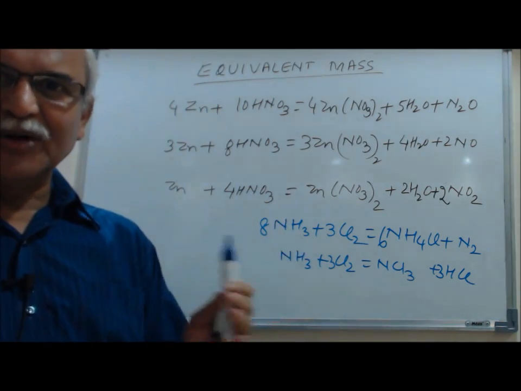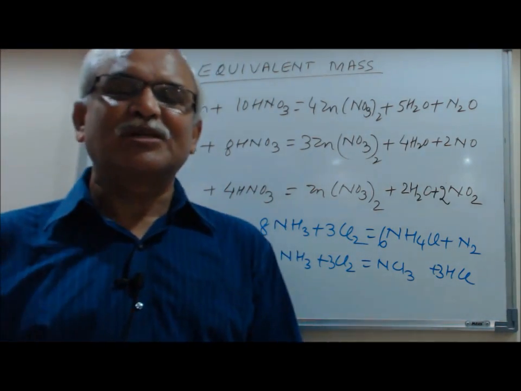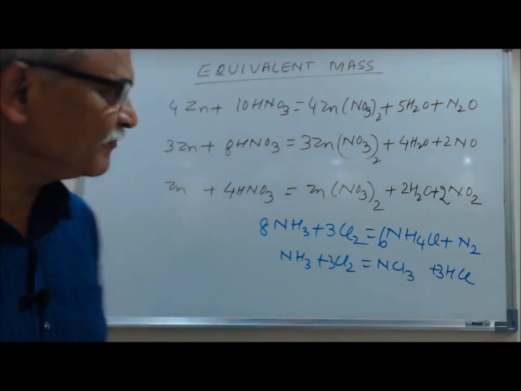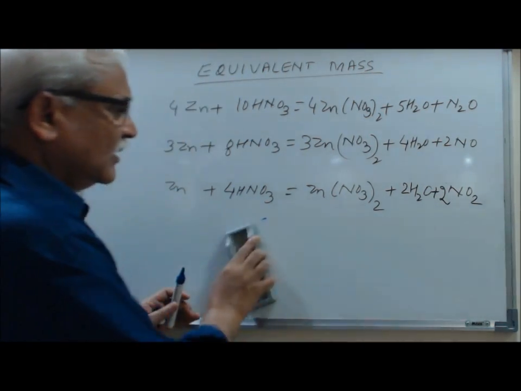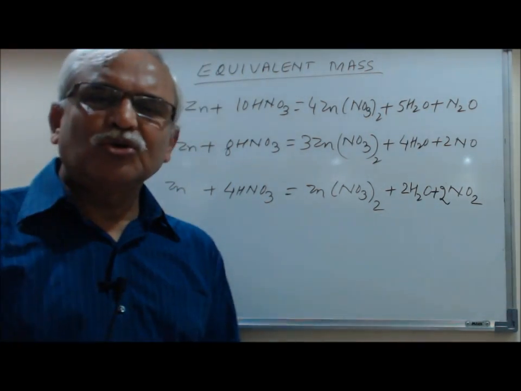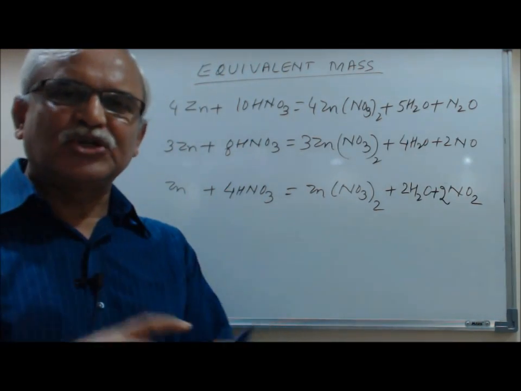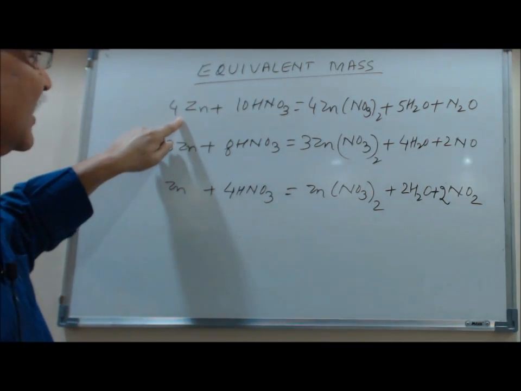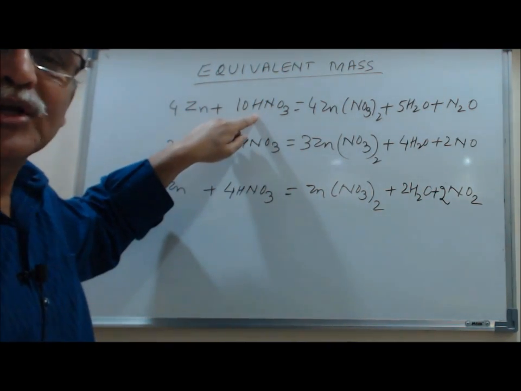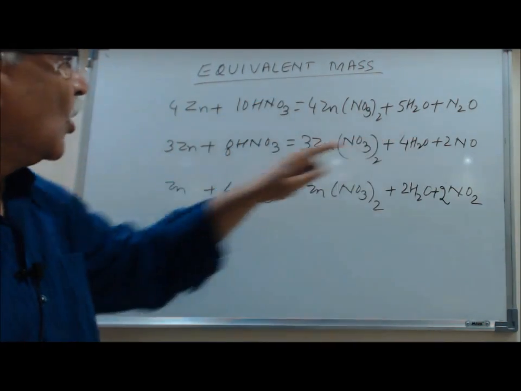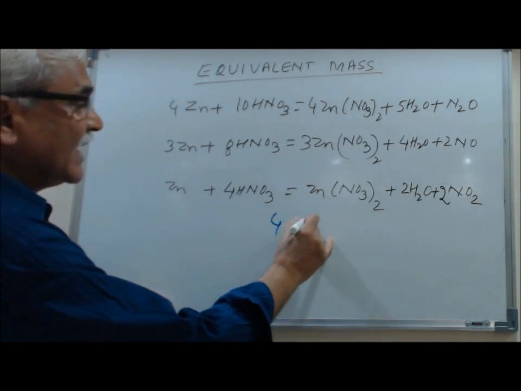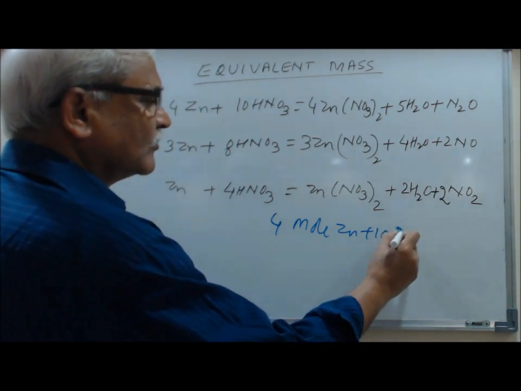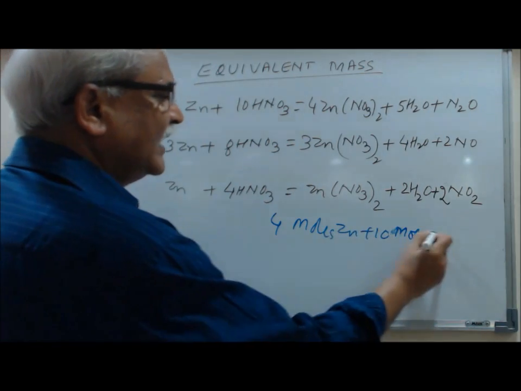So first I wanted to bring out that apparent myth from the students' minds that molecules always react in a constant ratio. They don't. And because two molecules don't have to react in the same ratio, I cannot say that 4 molecular mass of zinc here, which is reacting with 10 molecular mass of nitric acid to give one product, will always react in that same ratio.